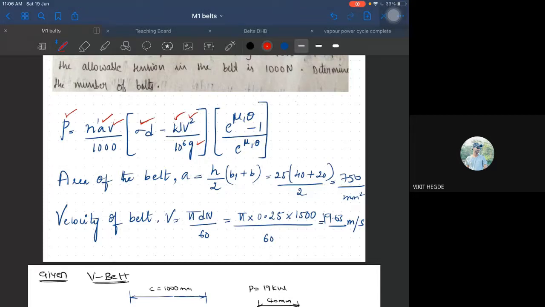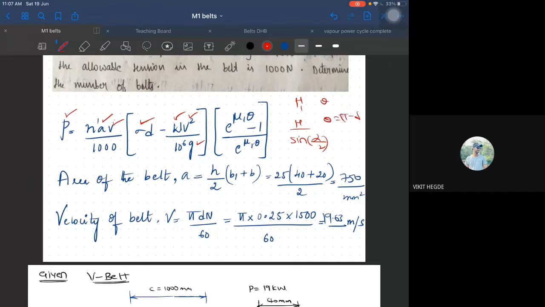Mu and theta. Mu is nothing but mu1, so it is mu divided by sine of alpha divided by 2. Theta, you can calculate with pi minus capital D, some formula is there, you can use that to calculate the value of theta.